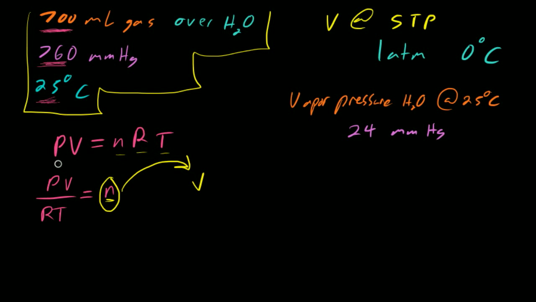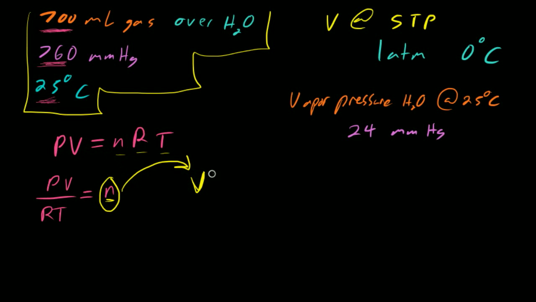So what would this look like if we solved for volume, now knowing n, R, T, and the pressure? Our new pressure and temperature are going to be standard temperature and pressure, 1 atmosphere and 0 degrees Celsius. So we can solve for volume with the number of moles we solved for in our first ideal gas equation.